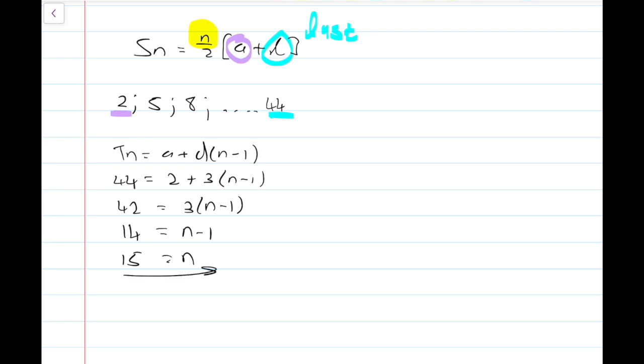Now, what we need to do is we're going to use our Sn formula to sort this out. So when you use this formula, it's normally when they give you the first and last term, and you just go and calculate the sum of that series like this here. So Sn is equal to n over 2 into a plus l. And what do we have here? Simple. We have 15 terms in total over 2.